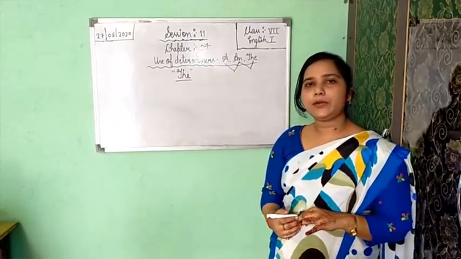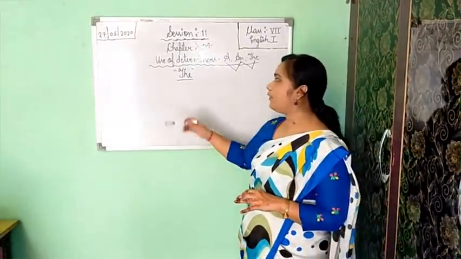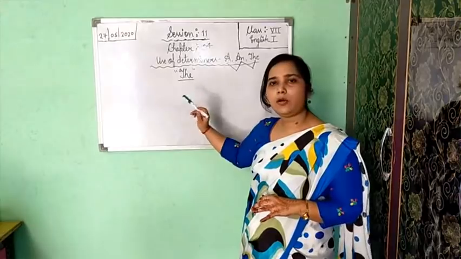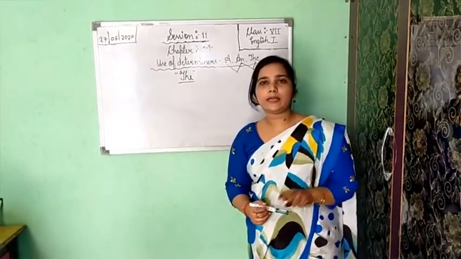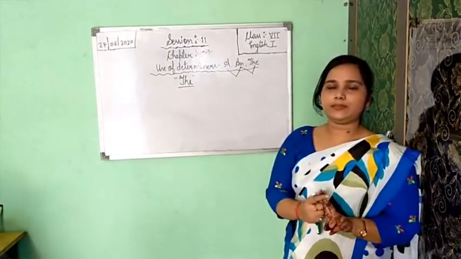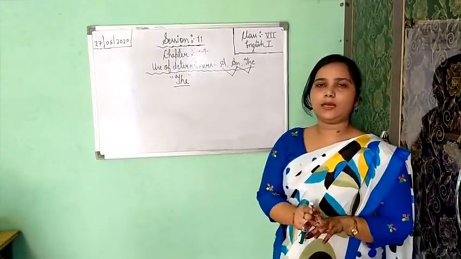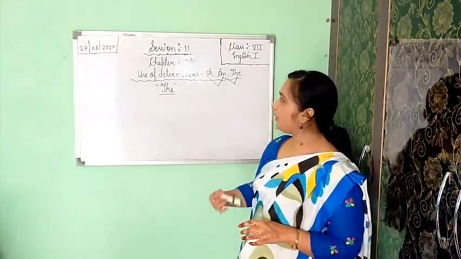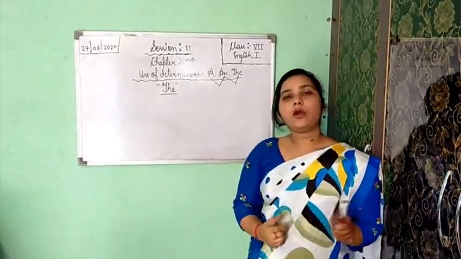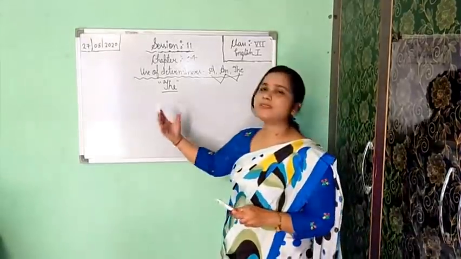If we are getting any particular thing, there we will use the article or determiner the. In the indefinite article, you are getting two determiners, first one is a and the other one is an. But in the definite article or determiner, you are getting only the. Now we will see where we will use the.